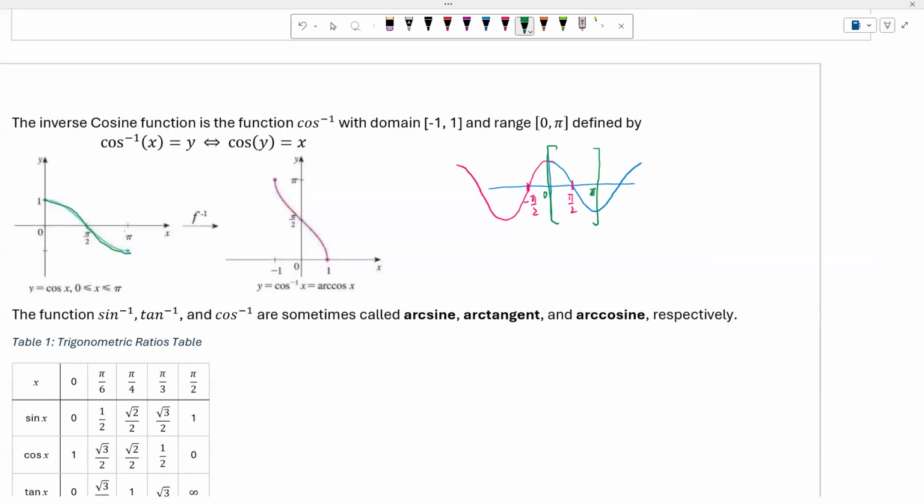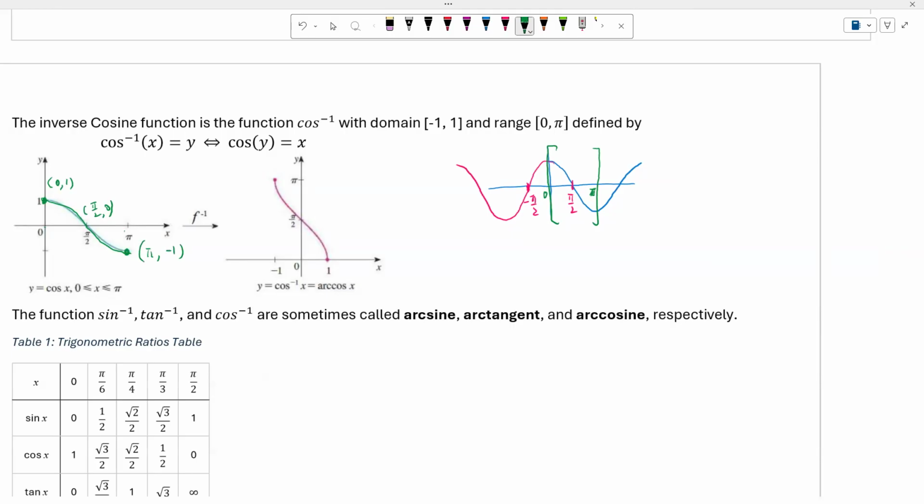So then we will have a one-to-one function. Then again, when we work with the inverse, you see this point right here is 0, 1. This point is pi over 2, 0. And this point is pi and -1.